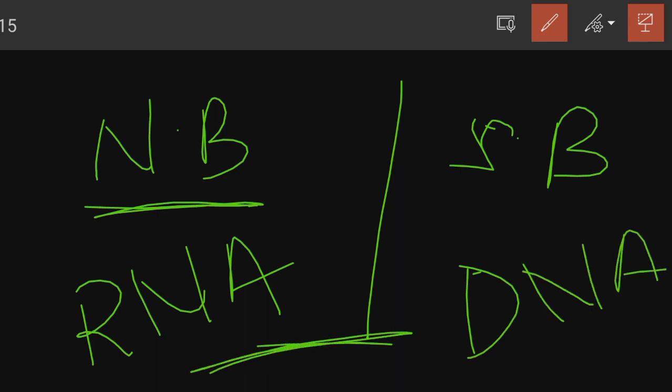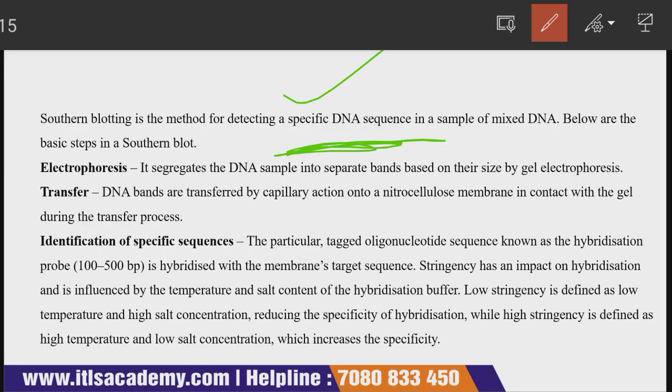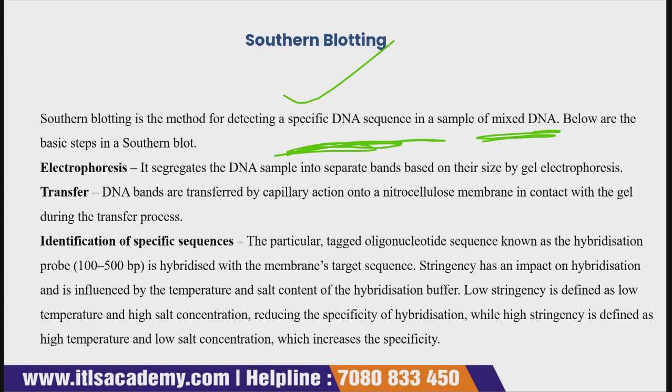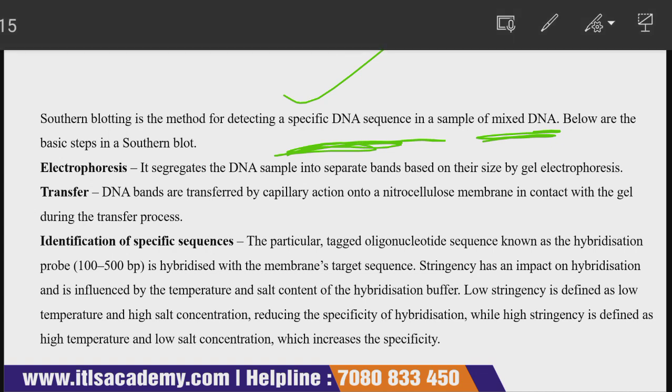This is the basic difference between the two. Southern blotting is a method of detecting specific DNA sequences in a sample of mixed DNA. So what are the 4 steps? Again, the steps are the same: first is electrophoresis, second is the transfer, and the last is identification of specific sequences.